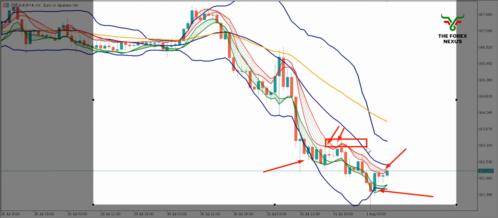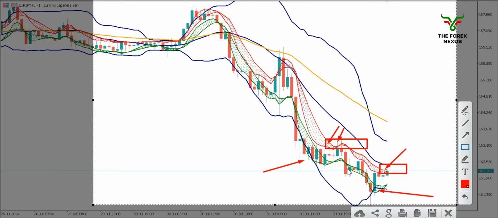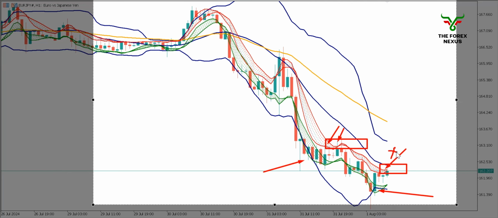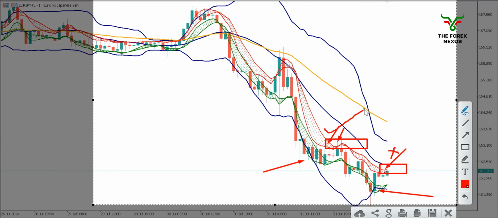Here, this point and this point. We can't take a sell trade here, but we can take an entry here. After the extreme, in both scenarios we have an extreme buy, but in one scenario we can sell, but on the fresh one we can't sell here.